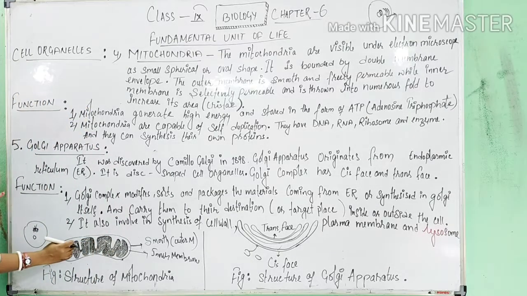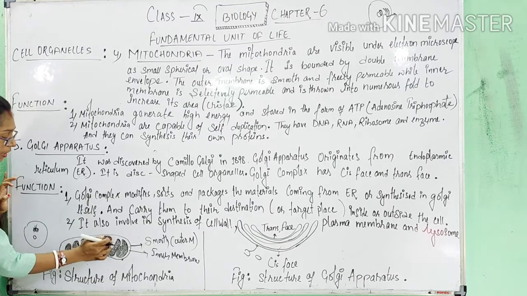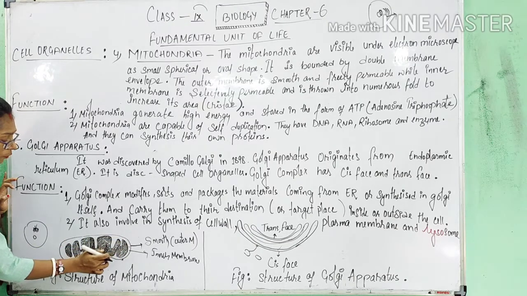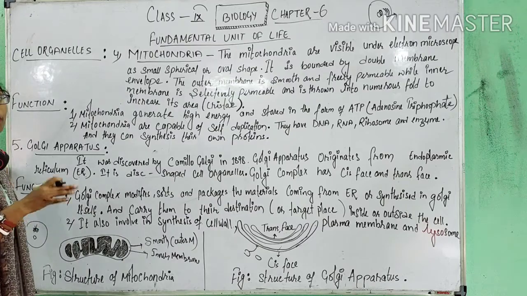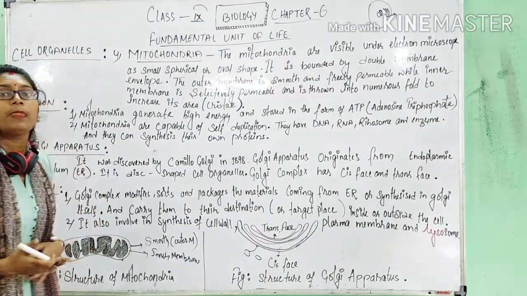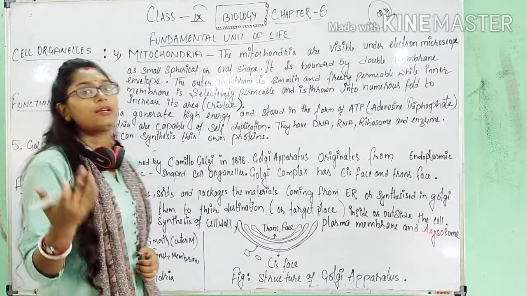And you are looking at this diagram. Here you see the inner membrane is actually having many foldings. These foldings provide enough space for the synthesis or for metabolic activities.